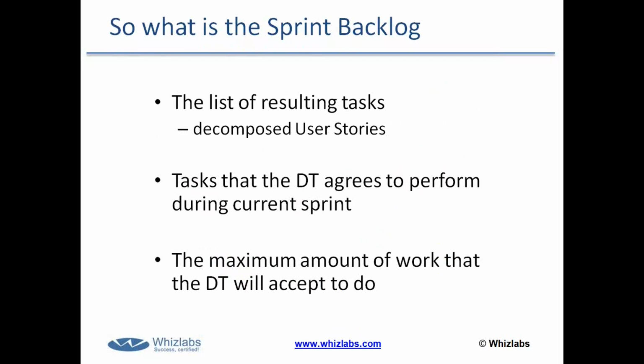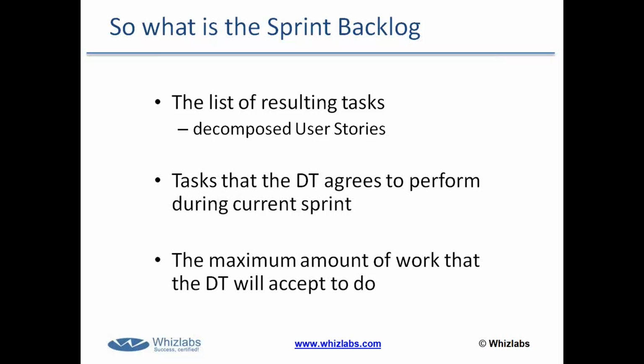So what is the sprint backlog? The sprint backlog is a list of resulting tasks, right? Because we have now decomposed the user stories into resulting tasks. Tasks that the development team agrees to perform during the current sprint.